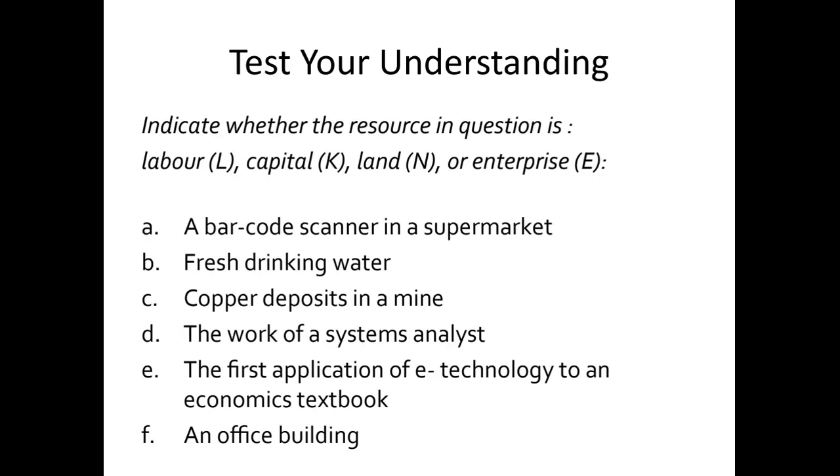So a barcode scanner in a supermarket: this is capital. Fresh drinking water: natural resource or land. Copper deposits in a mine: natural resource. The work of a system analyst: labor.